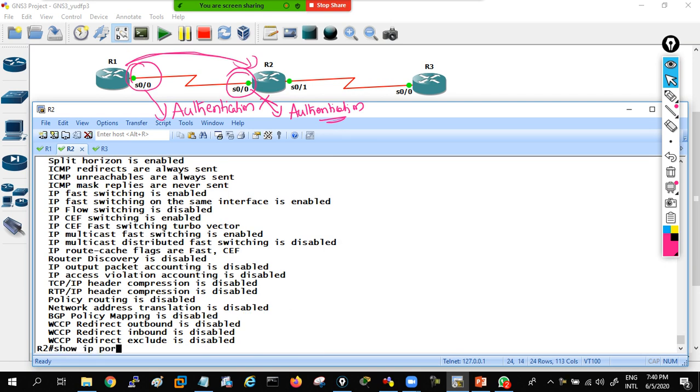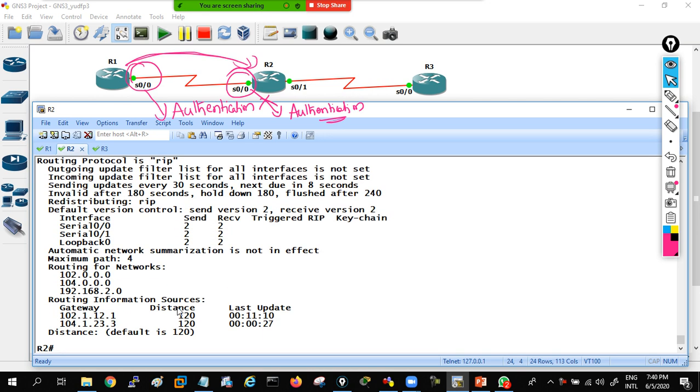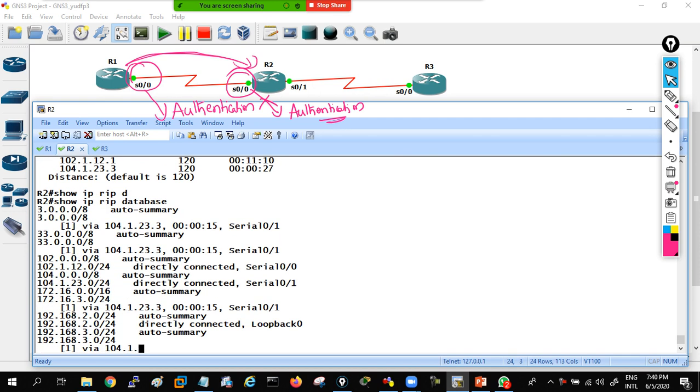Show IP protocols. There is a command that you can use to see that authentication is enabled. Actually, I forgot that. Show IP rip database.